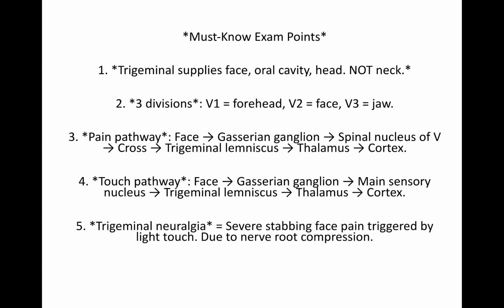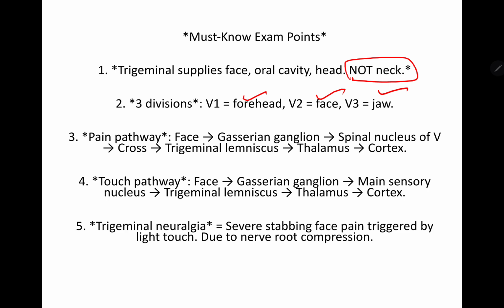Okay. So the must-know points for the examination here are: trigeminal supplies face, oral cavity and head, not neck here. It will not supply the neck. So 3 divisions are there here. V1 for forehead, V2 for face, and V3 is for jaw.